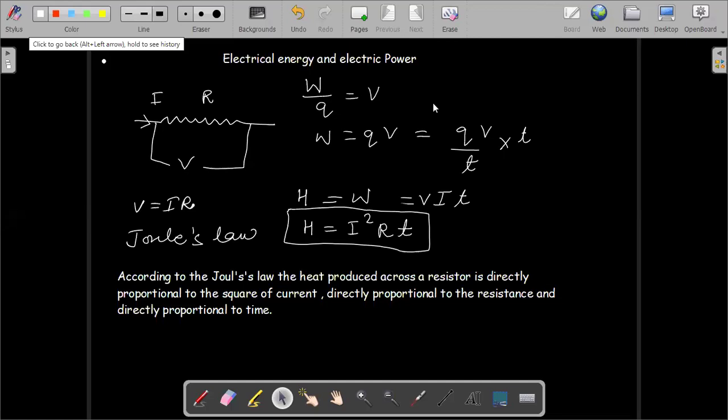Now, using Ohm's law, we can obtain another variation for this. I can use the formula of current from Ohm's law.